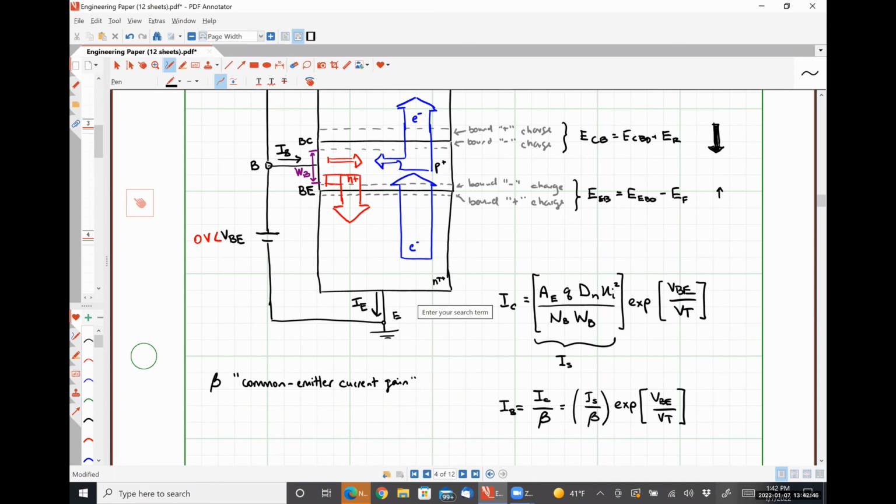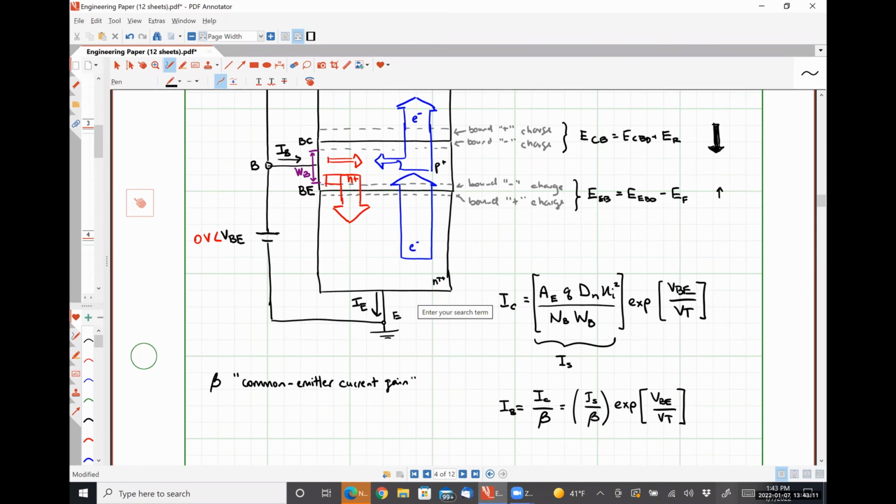This view effectively says that the base current IB is the controlling factor of the amount of current that flows through the collector. And beta just represents that transfer: a small amount of base current multiplied by beta gives you a large amount of collector current. So that's why it's the common emitter current gain.